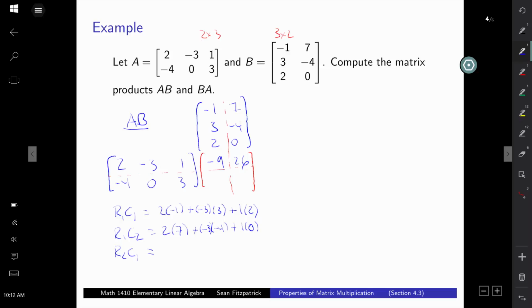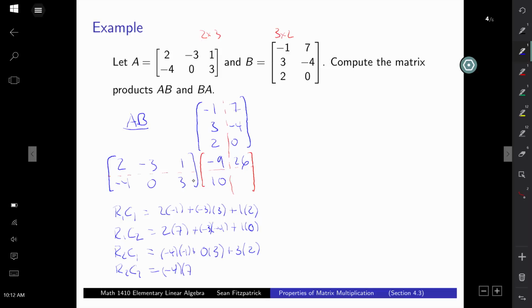Right, so I'm doing now entries from row 2 times the corresponding entries in column 1. So I do those 3 products there. Minus 4 times minus 1 plus 0 times 3 plus 3 times 2. So 4 plus 6, I get a 10. And row 2, column 2, same story.